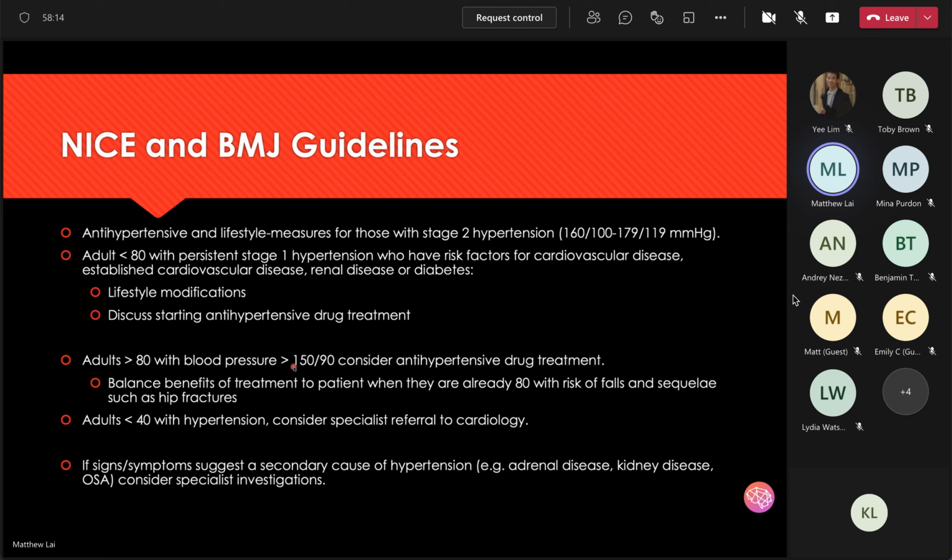So you start needing to balance risk there. Adults who are less than 40 with hypertension, that's fairly rare, but you start thinking, is there something else going on there? Is there a secondary cause of hypertension going on? Similarly, if you see any signs or symptoms that suggest a secondary cause of hypertension, consider specialist investigations.